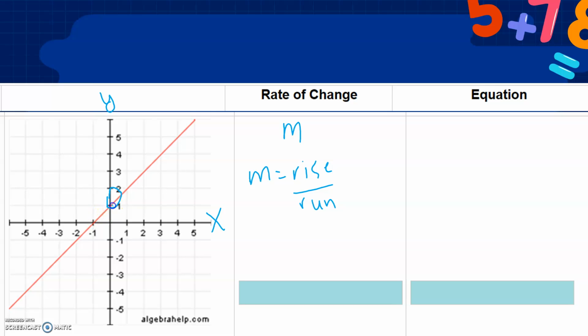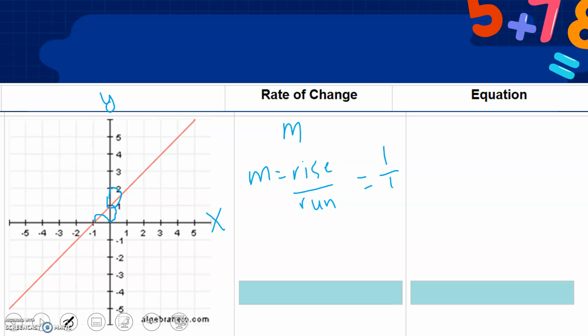So 1, go down, 1. Okay, so our rise is 1, and we want to run over also 1.